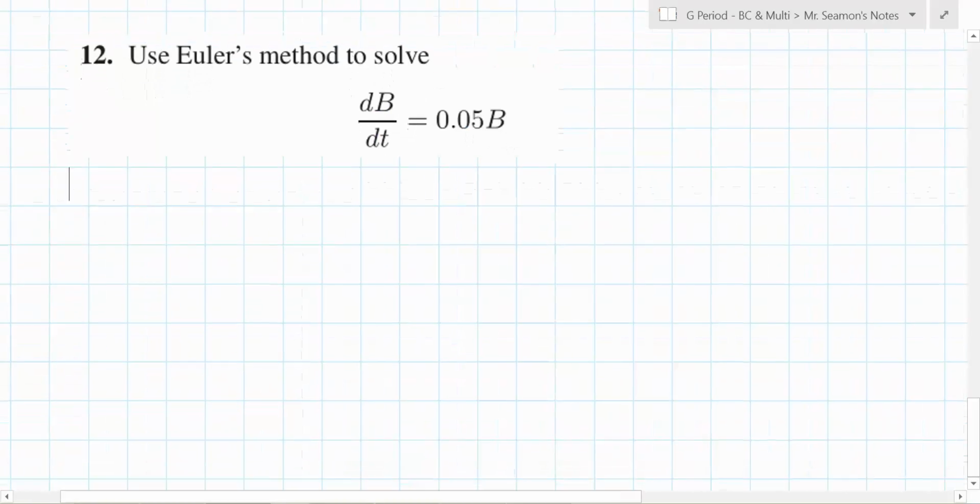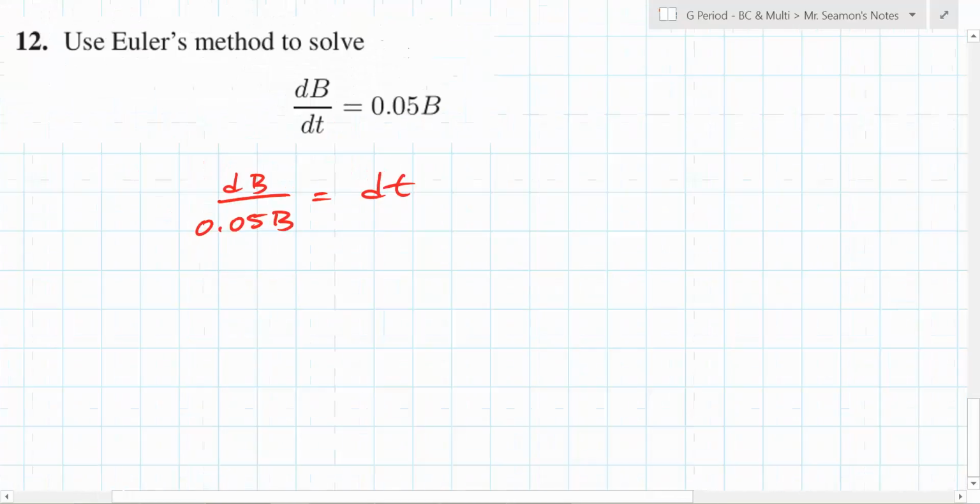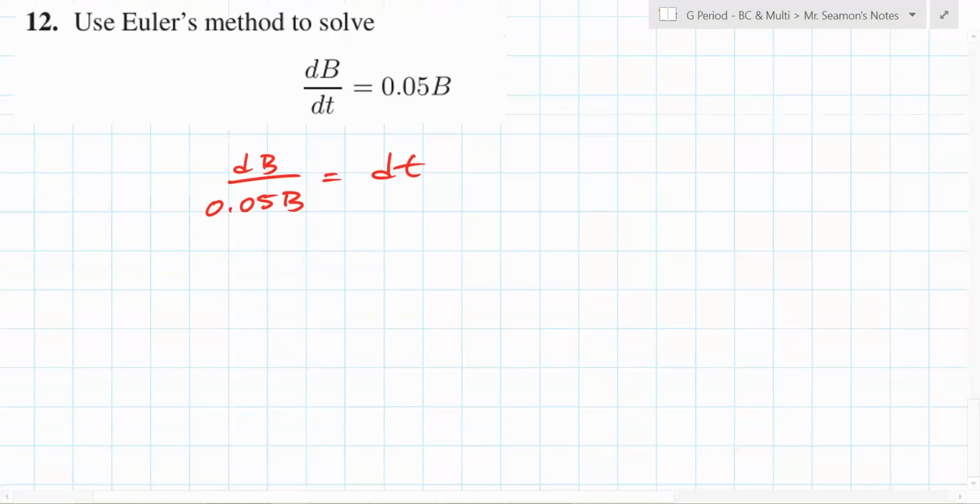Basically, find the solution to this differential equation with a constant, right? What's that first step you have to do? Separation of variables. So you end up with dB over 0.05b equals dt. Now what can you do after you've separated variables? Integrate, right? You can integrate this thing.